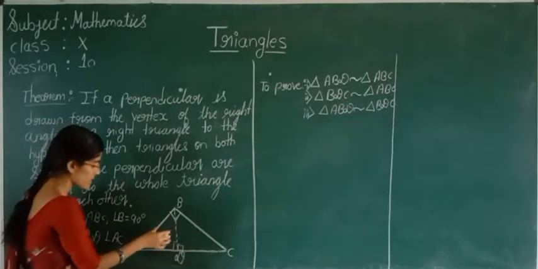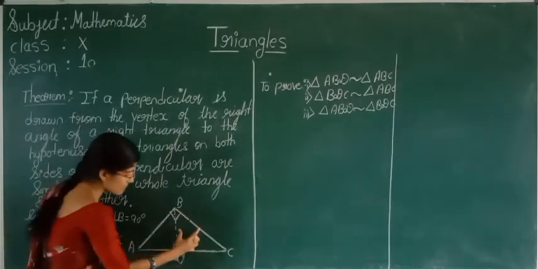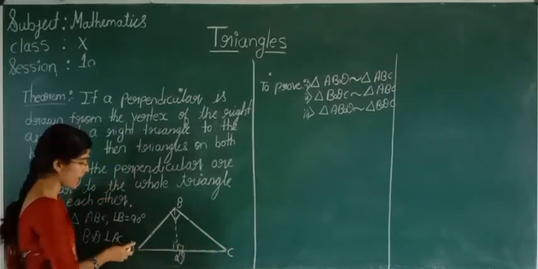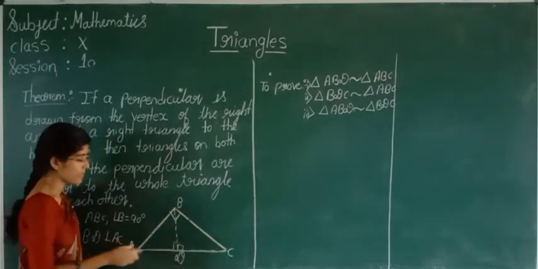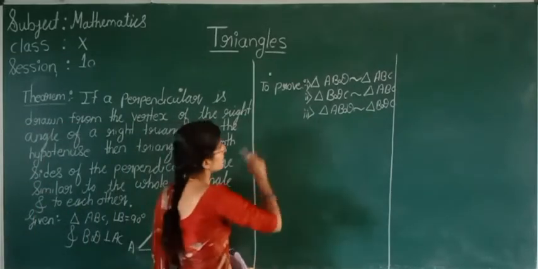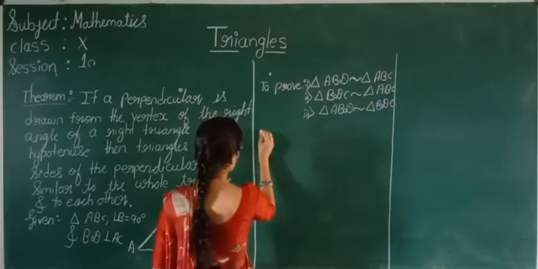Triangle ABD is similar to triangle ABC, and the small triangle BDC is similar to triangle ABC, and third, these two triangles are similar. Okay, we are going to prove this. Now see the proof.